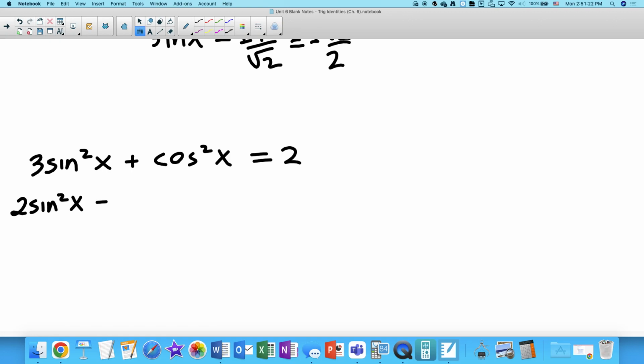So I'm basically breaking this up into 2 parts. Then I add a cosine squared x. Now this part equals 1. You could do that too, right? So you will end up with 2 sine squared x plus 1 equals 2.